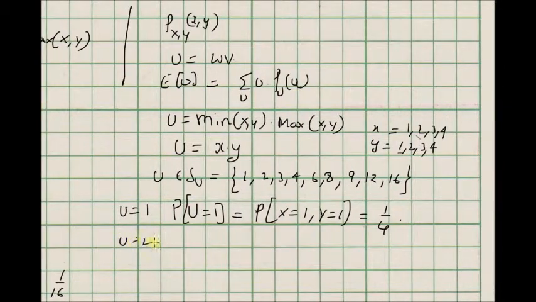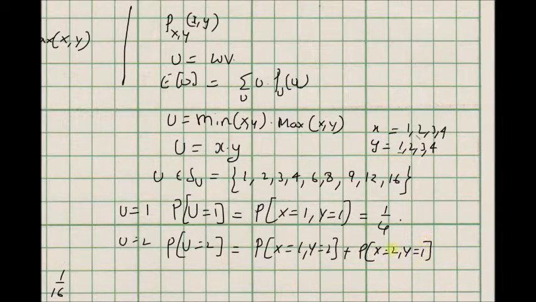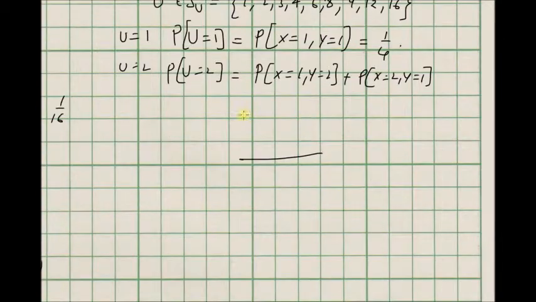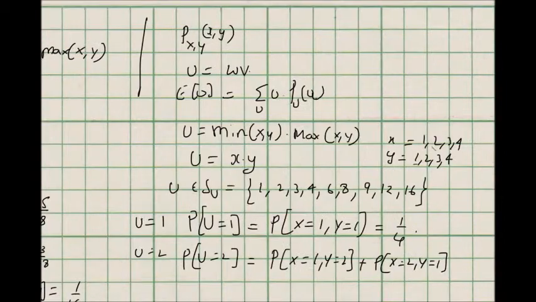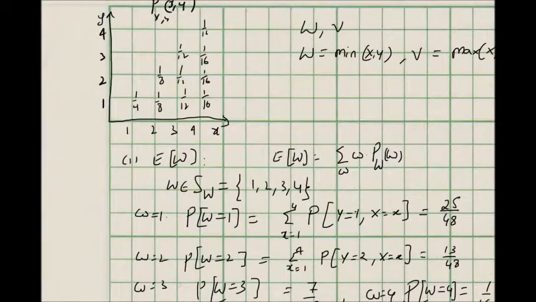For U equal to 2, the probability of U equal to 2 is equal to the probability of X equal to 1, Y equal to 2 plus the probability of X equal to 2, Y equal to 1. Both of these points map to the value U equal to 2. From the XY plane of the joint probability mass function, for X equal to 2 and Y equal to 1, this is 1 by 8.